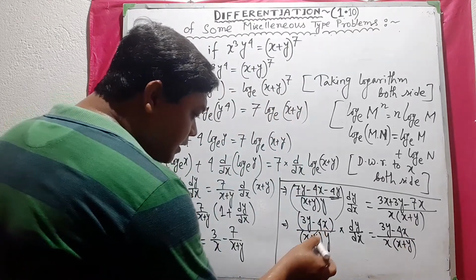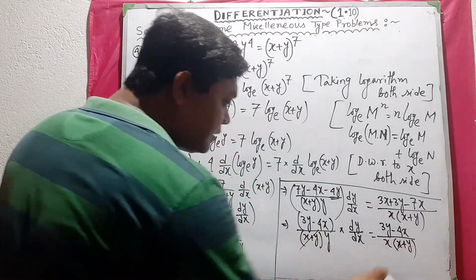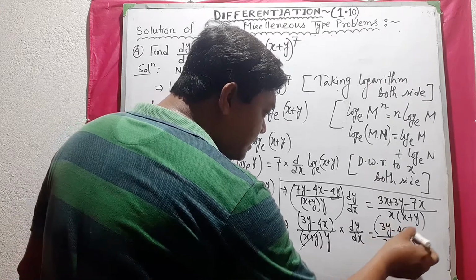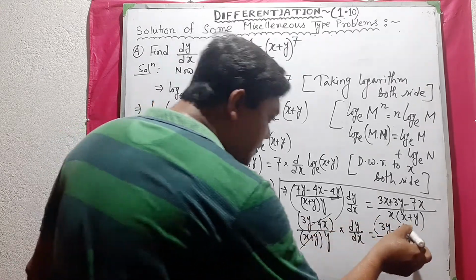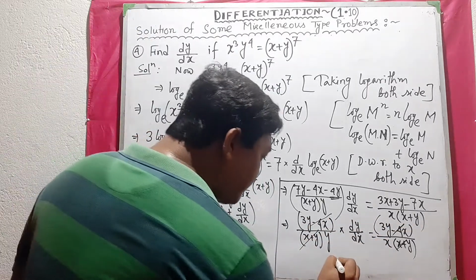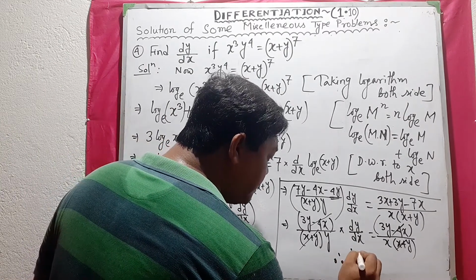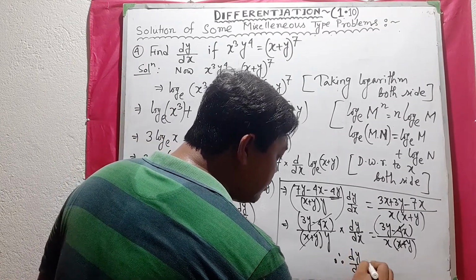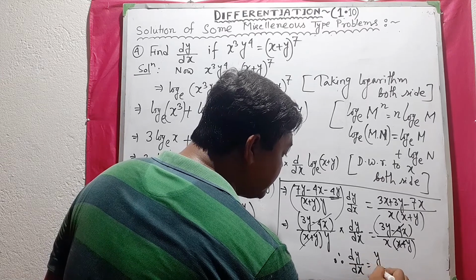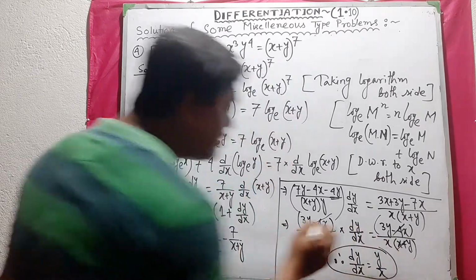So this part cancelled, and this part is also cancelled. Therefore dy/dx equals y by x. That is our required answer. Clear?